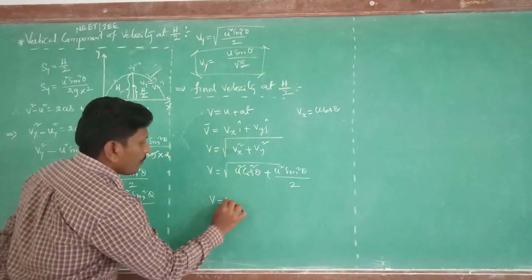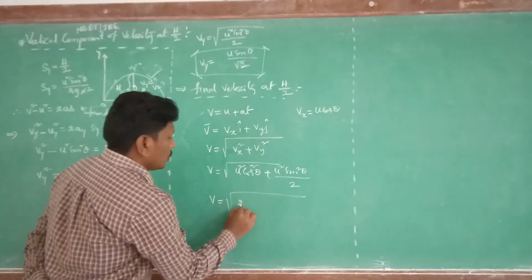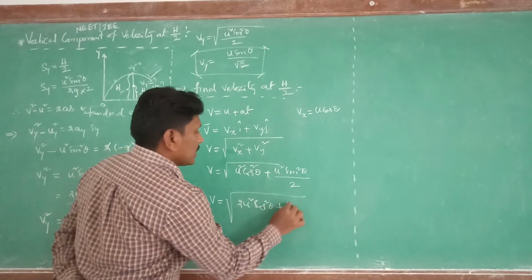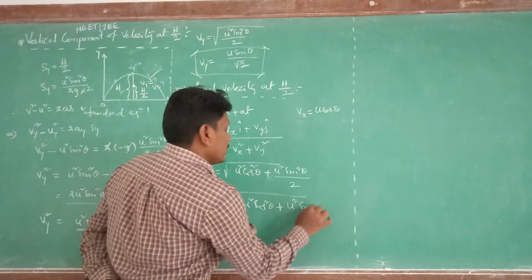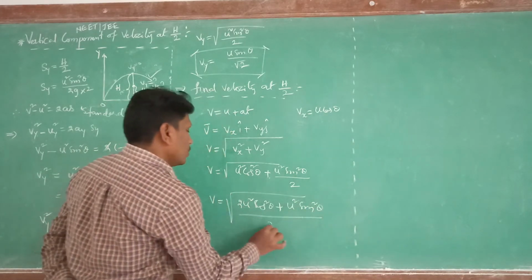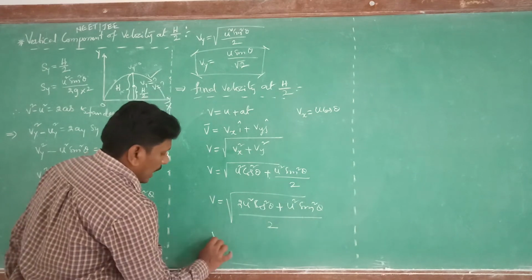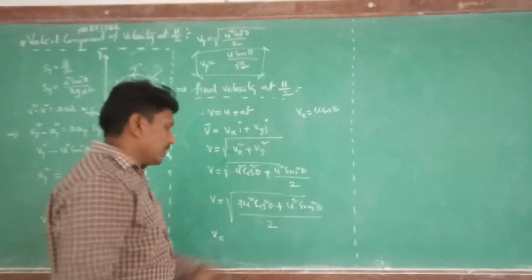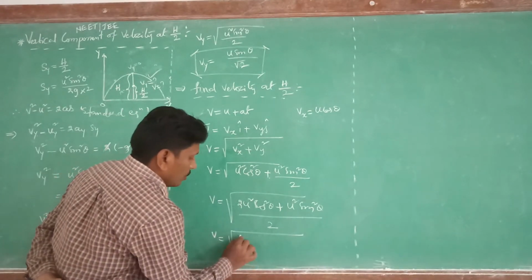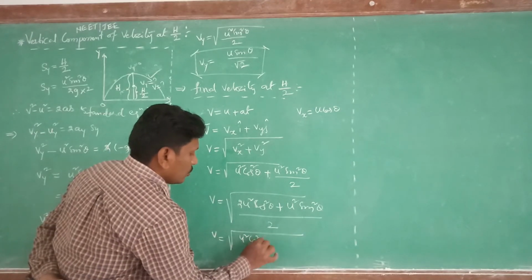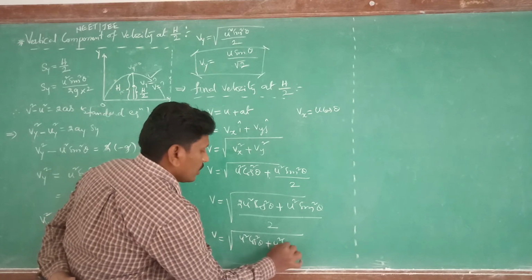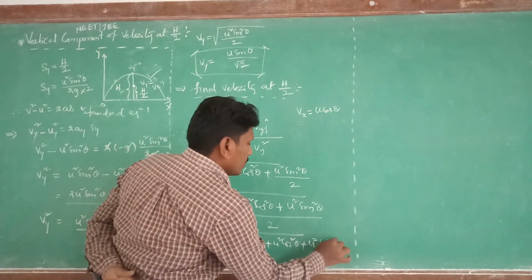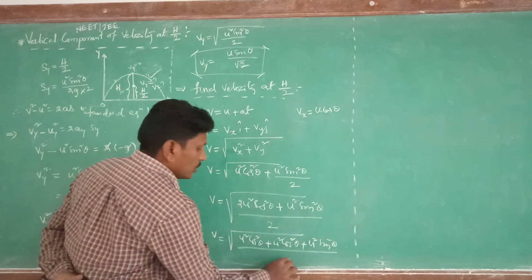Take LCM. This is 2u square cos square theta plus u square sin square theta by 2. I am writing it as u square cos square theta plus u square cos square theta plus u square sin square theta by 2.